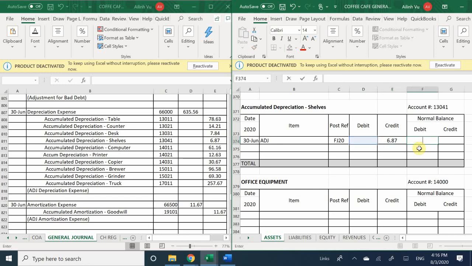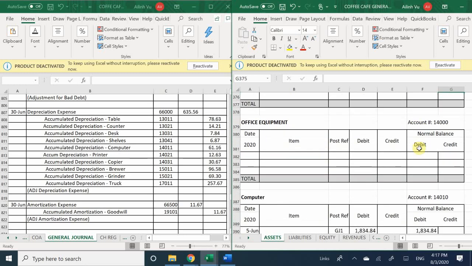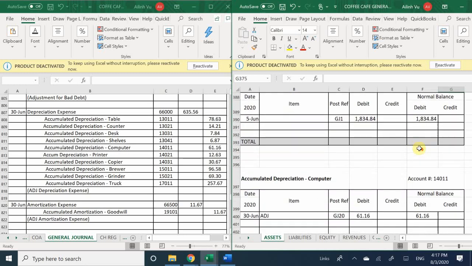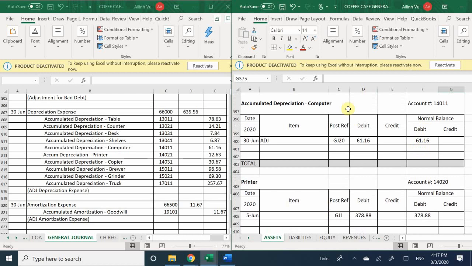$6.87. All right, office equipment, computer adjustment. I think I was just putting it in the nearest box.